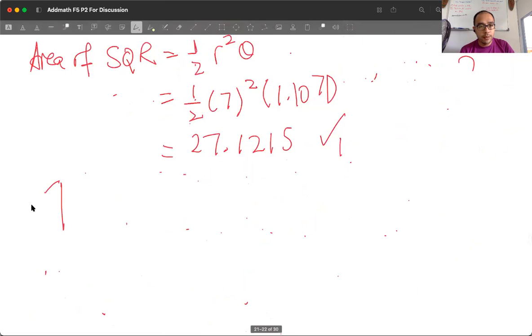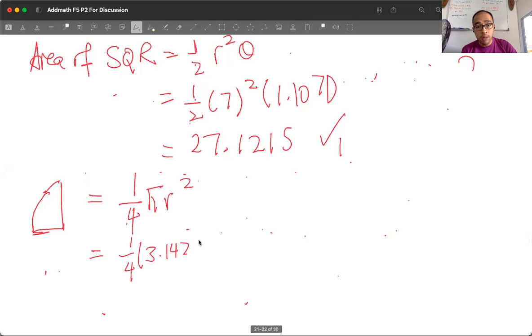The big quadrant is 1 over 4 pi r squared, seperti 1/4 daripada luas satu bulatan. So 1 over 4 times 3.142. But be careful, our r is not 7 anymore. R adalah yang besar ini. It is 14, sorry, 14 squared.